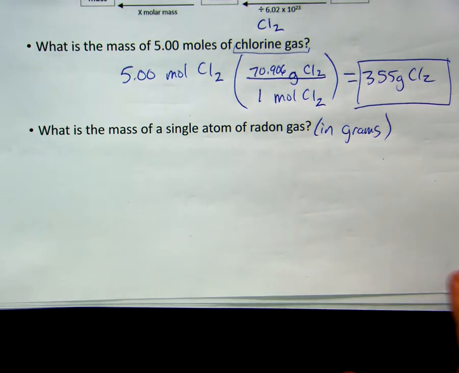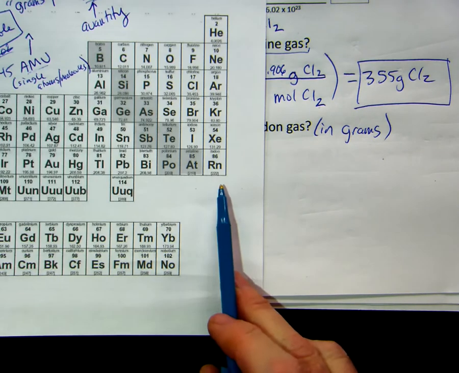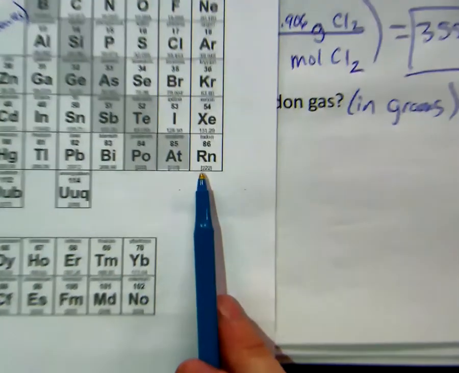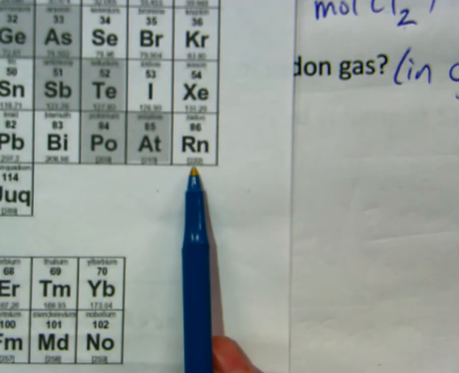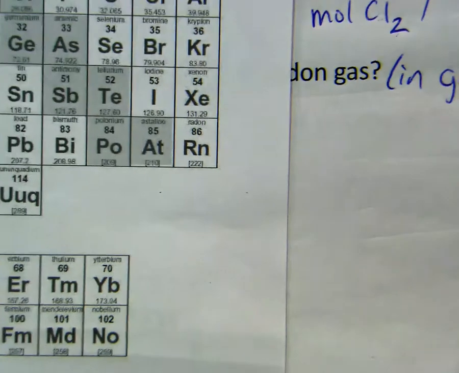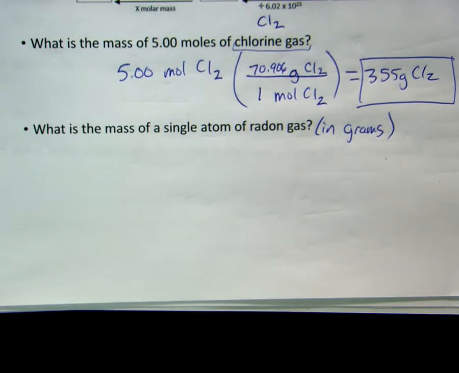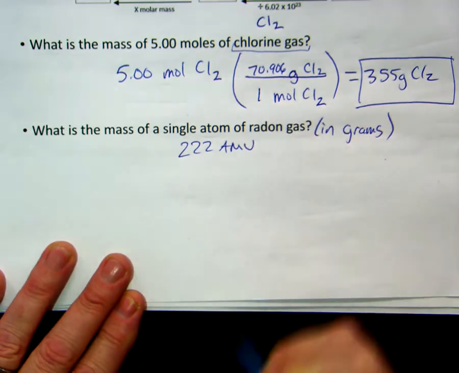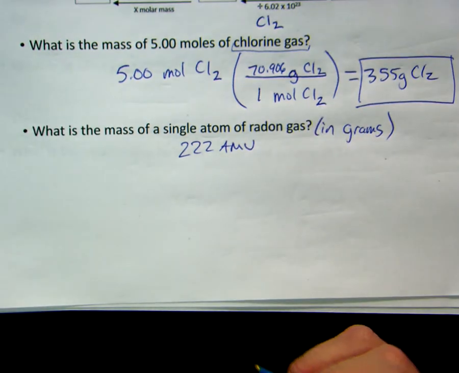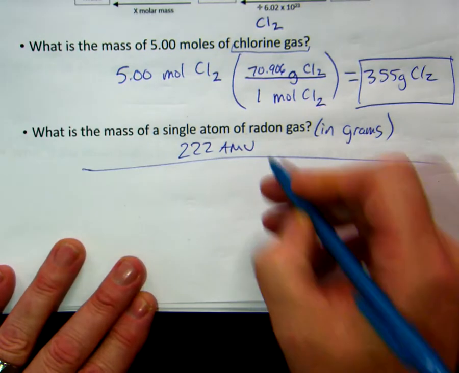Because I know that you guys might, before this lecture, have looked at that and said, oh, radon, that's one of the ones that doesn't have a very specific mass number. It's just kind of approximated there at 222. But we can still use that. You might have said, oh, the answer is 222 AMU. And technically, you would have been right from 3 weeks ago. But it's not 3 weeks ago, so we want grams.